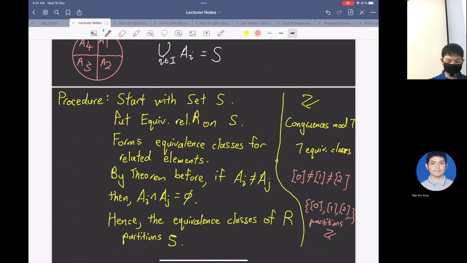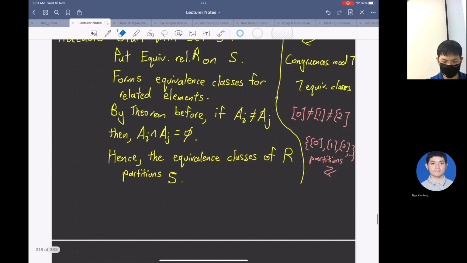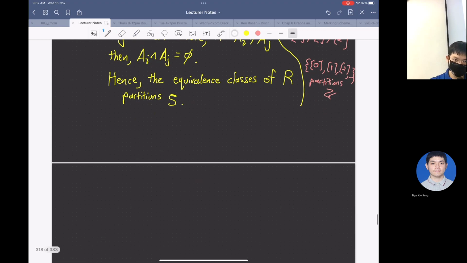Let's write down the statement here. Theorem.